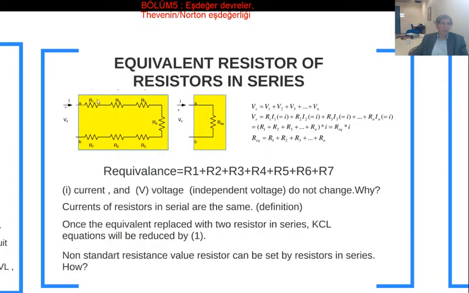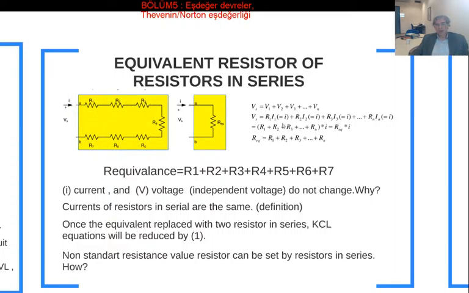If you choose the resistor current references from left to right, left to right, left to right, downwards, right to left, and so on, then all these resistors are going to have the same I. So this is done here.